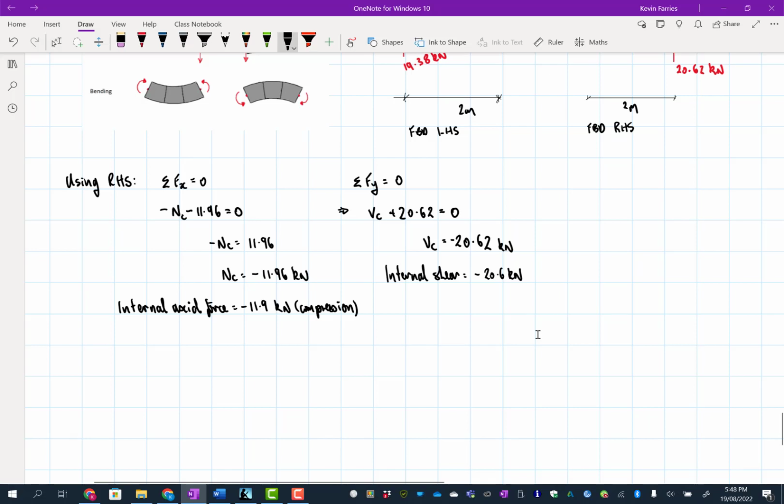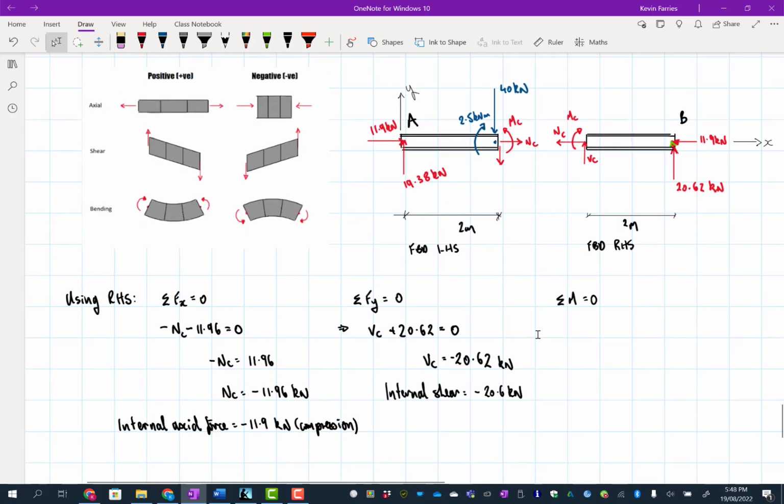The last one's the moment. Sum of M is equal to 0. Just need to pull it down so I can see what I'm doing. Again, I'm using this side. So that MC is clockwise, so it's negative MC.